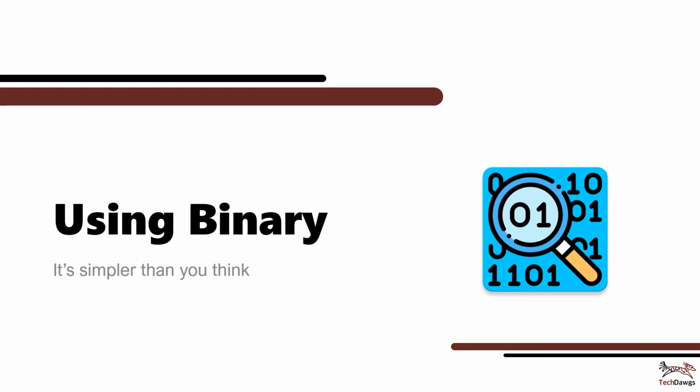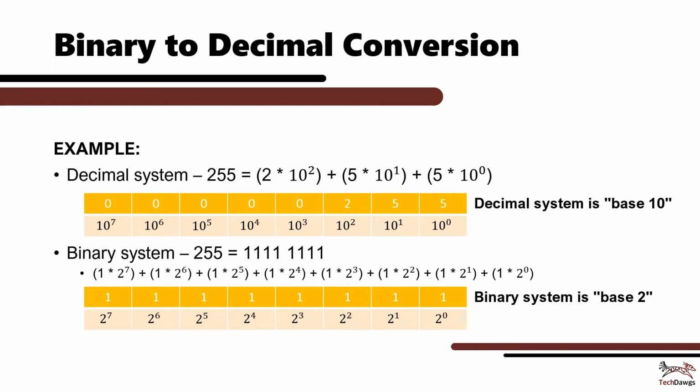So then, now that we understand what a bit and a byte is, how do we use binary? It's simpler than you think. We can convert binary to decimal and decimal to binary. In this example, we are going to convert binary to decimal. The decimal system, the system that we normally use, is shown here. Consider the number 255. Now let's break that down. 5 is in the ones place, another 5 is in the tens place, and a 2 is in the hundreds place.